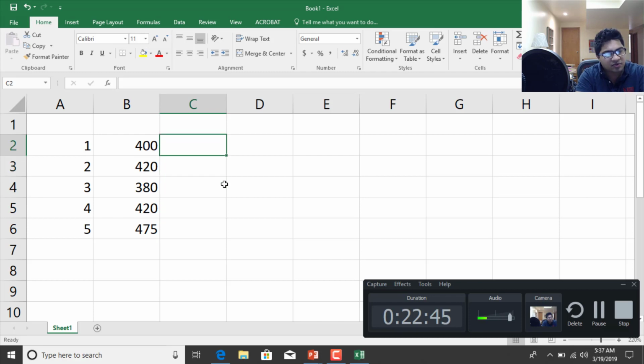So this was the fund performance of the hedge fund. It started with 400 million, then it went to 420, then it went down to 380, then it came to 420, and then it came to 475.